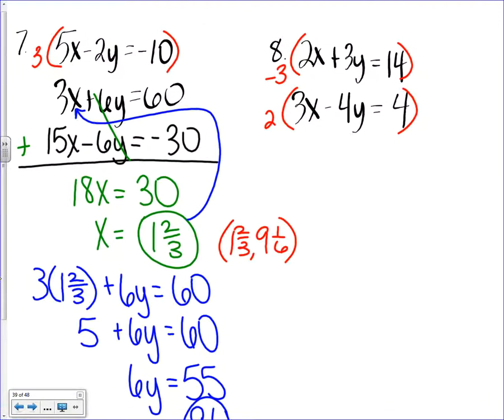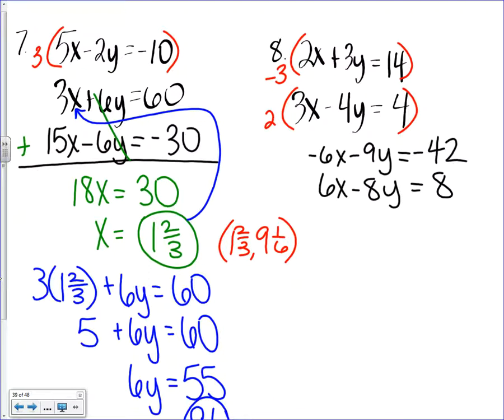Okay, so my new equations are negative 6x minus 9y is equal to, what is that, negative 42? And then 6x minus 8y is equal to 8. And now you have additive inverses, and you're ready to go.